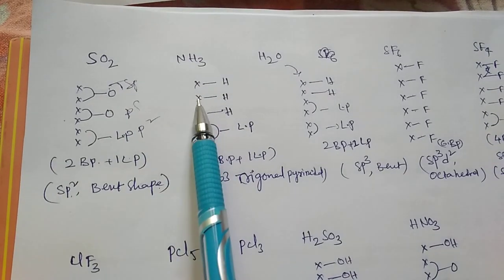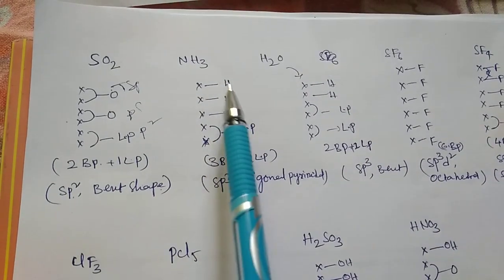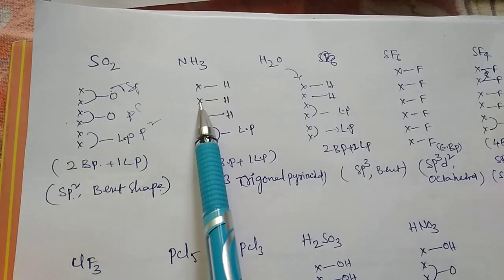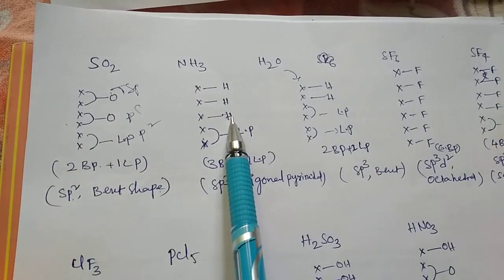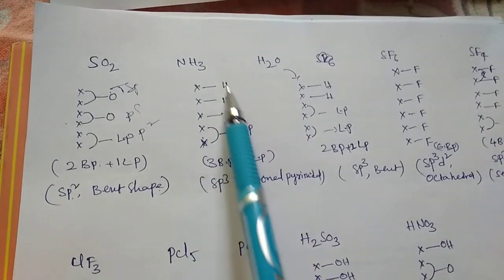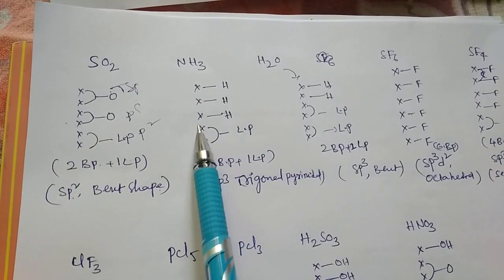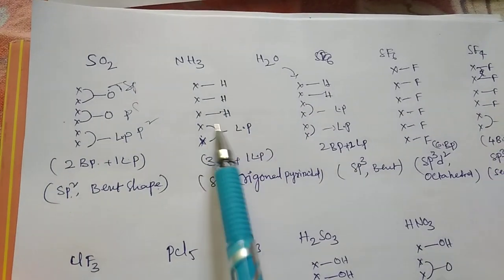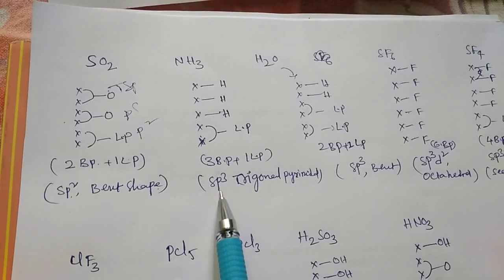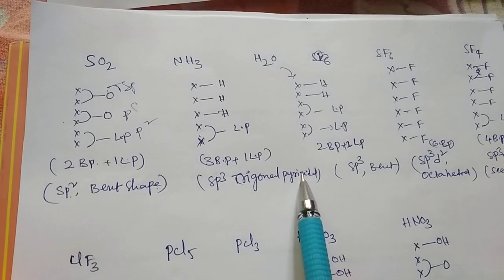Nitrogen: 1 2 3 4 5. You take hydrogen, 1 bond, 1 electron, another hydrogen, another 1 electron, 3 hydrogens, 3 bond pairs, 2 electrons left, so you consider 1 lone pair. 3 bond pair, 1 lone pair, sp3 hybridization, trigonal pyramidal in shape.